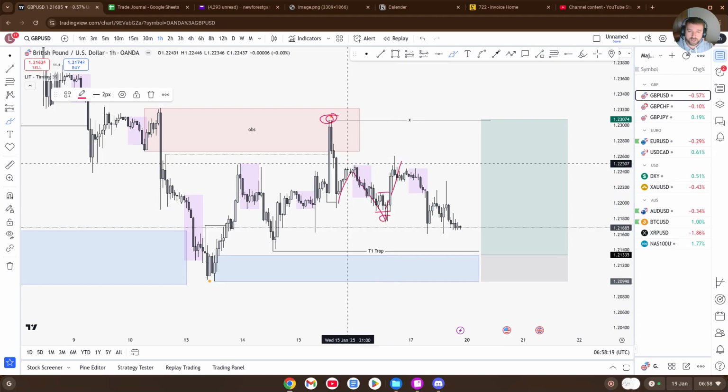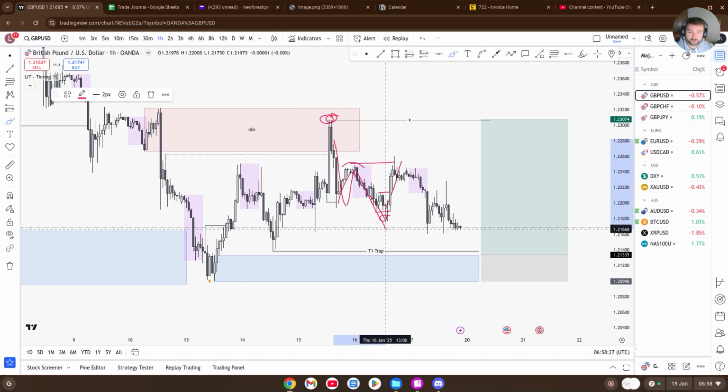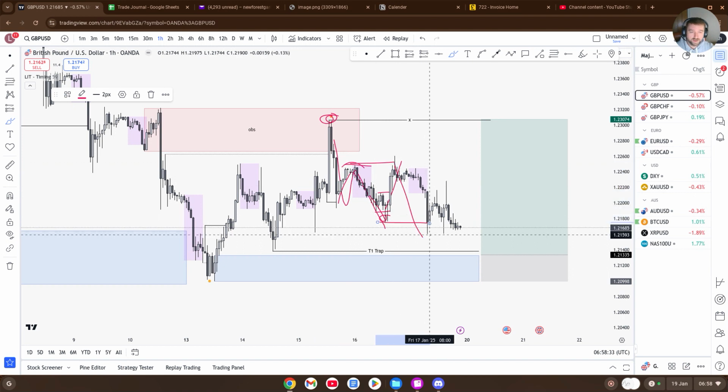Price came and took internal range liquidity, or the inducement, type 1 inducement, because like I said, break structure, retrace, break structure, took the inducement, pushed down, took external range liquidity here, and then we were dealing with this range from this strong high to this weak low. Built an inducement, failed to take out the low, mitigated this block, and now looking to target this. So that makes sense as well.